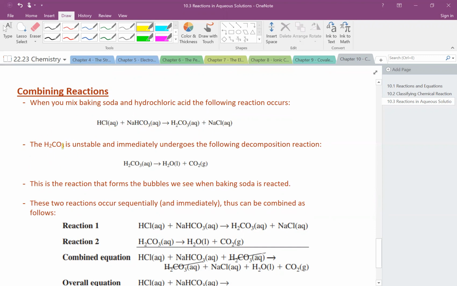Your carbonic acid is extremely unstable, so right after your H2CO3 forms, it's going to undergo a decomposition reaction to form liquid water and carbon dioxide gas. So these reactions happen one right after another. As soon as the H2CO3 is made, it breaks apart into water and carbon dioxide.